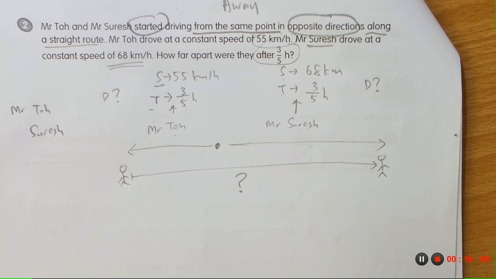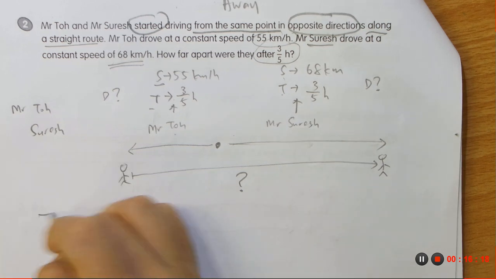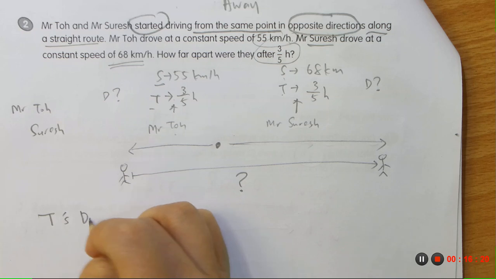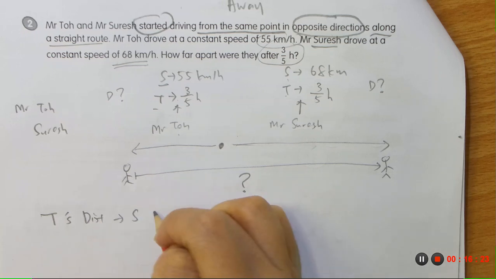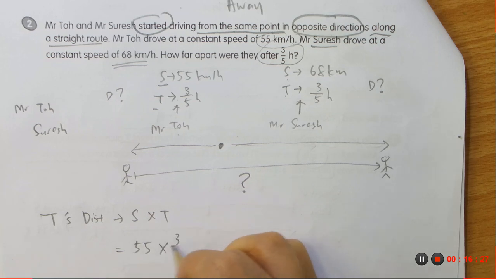Now the problem is, we have a fraction here. So some of us may struggle with that fraction. Okay? So if I were to write here, Mr. To's distance will be speed times time, that is 55 kilometers times 3/5.